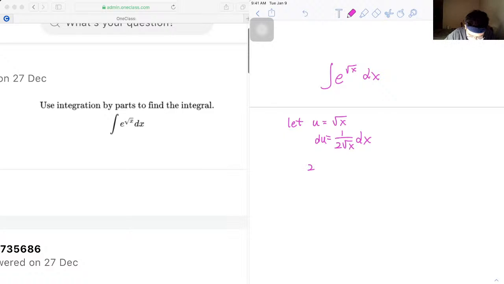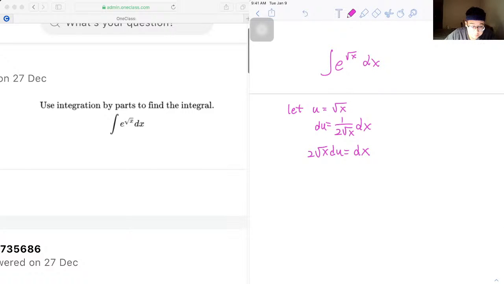So we'll have 2 times root x du will be equal to dx, and 2u du will be equal to dx.